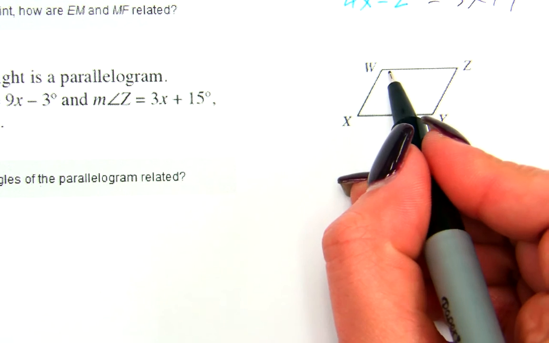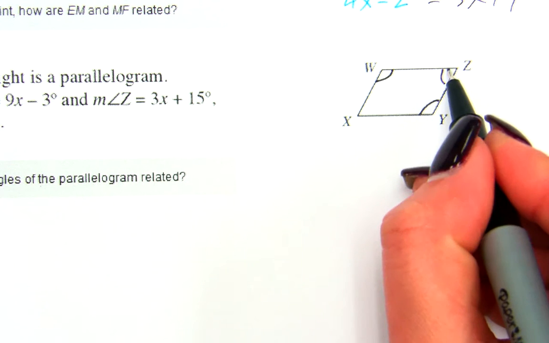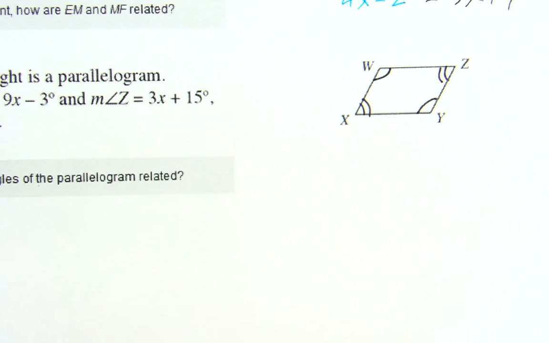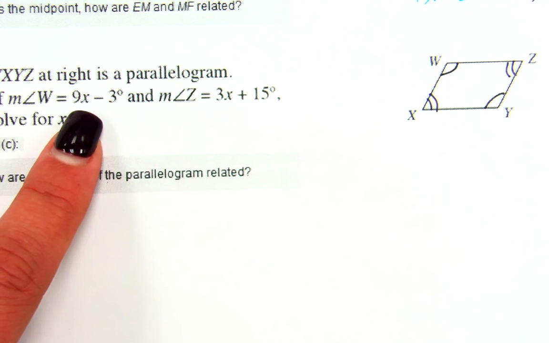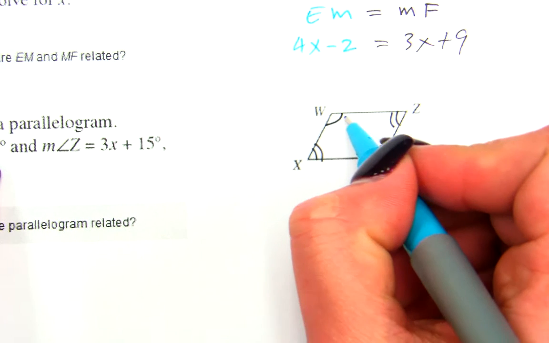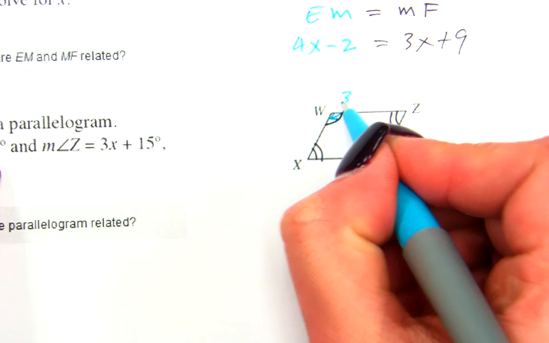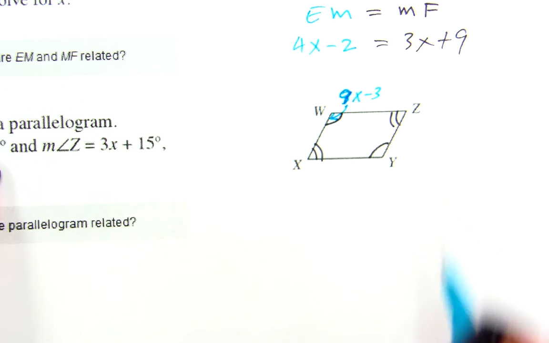So this angle up here, angle W, is going to be equal to angle Y, and angle Z is going to be equal to angle X. All right? Well, if we know angle W is 9x minus 3, I'm going to label that. So W, this angle in here, I'm going to draw a little arrow to it, is 9x minus 3.